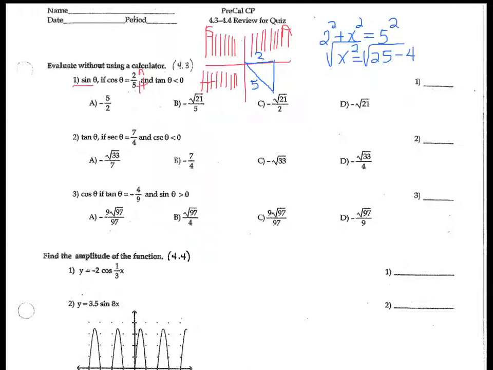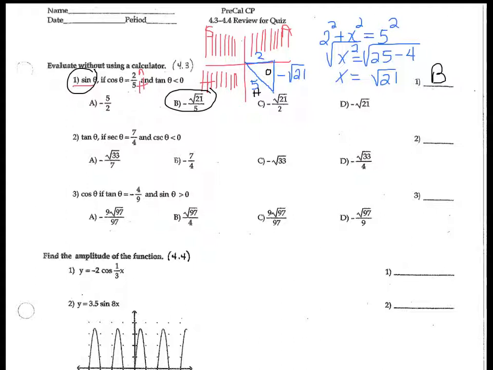Then we get the square root of that. So x equals square root of 21. But since it's going down, that's going to be negative square root of 21. And now since we want sine, which is opposite over hypotenuse, the answer is negative square root of 21 over 5, which is B.